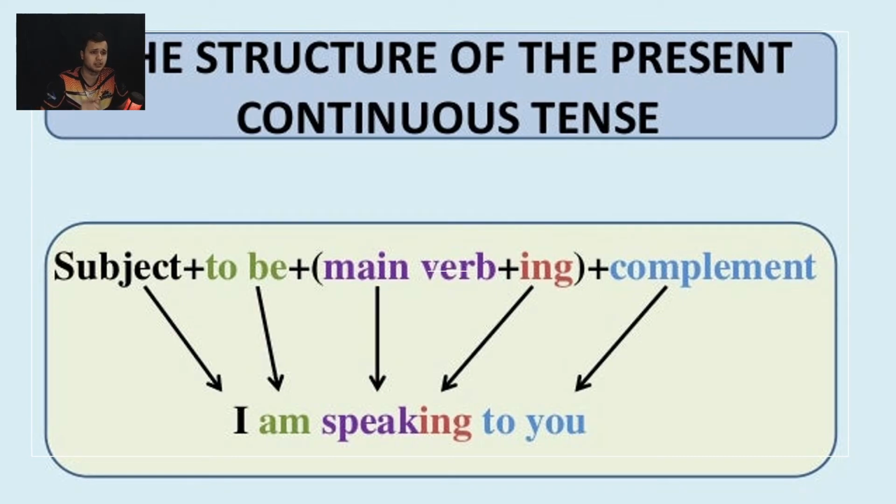This is an extra. And we have this sentence, I am speaking to you. We can see where's the subject, where's the verb to be, where's the main verb, where's the ing, and where is the complement.